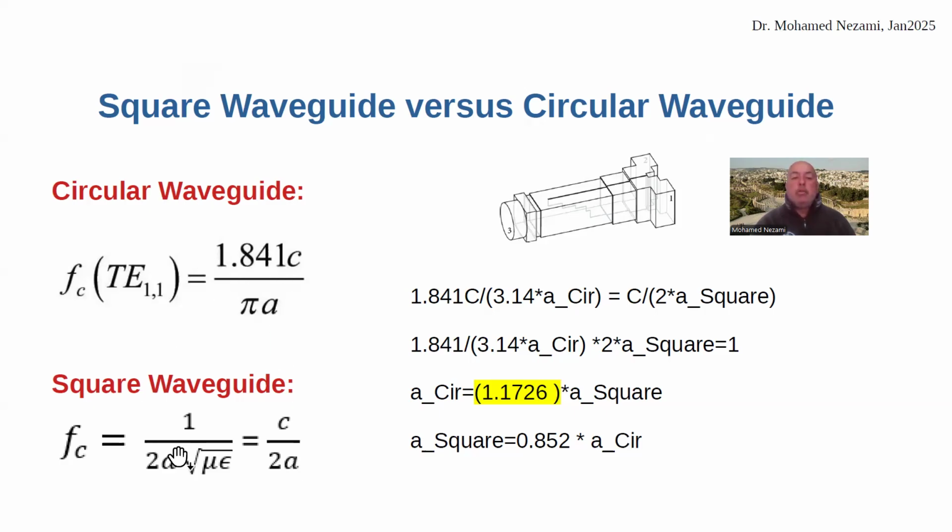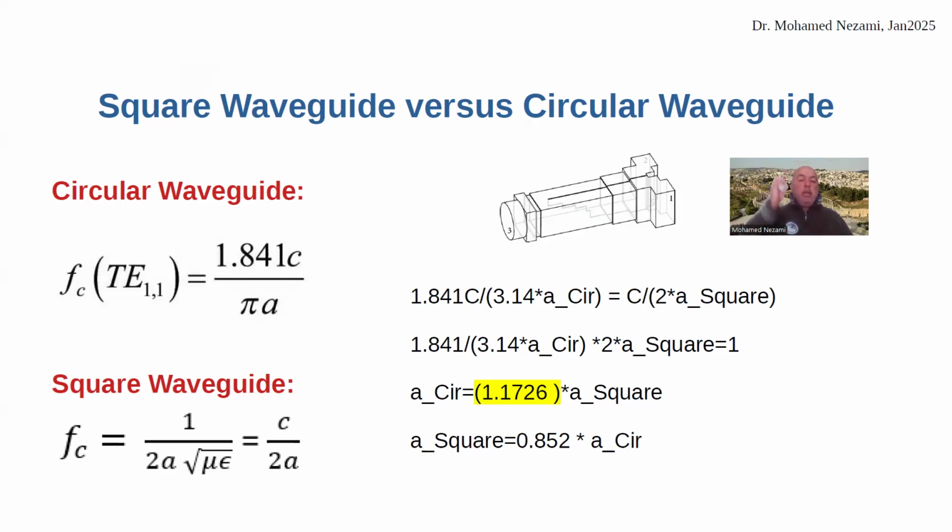So you can see that if we want the circular waveguide to be exactly as a square waveguide, the reason we want to do this is because we either want to go square or circular waveguide to interface to these circular horns.